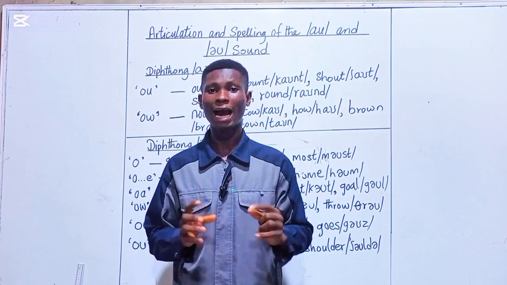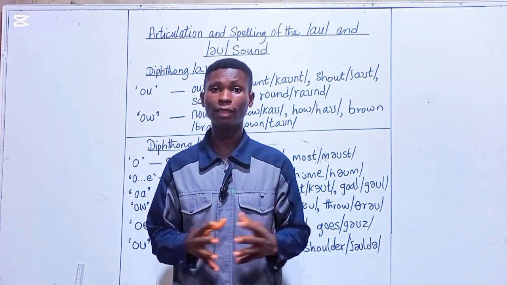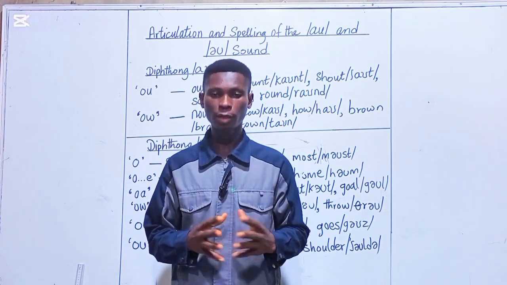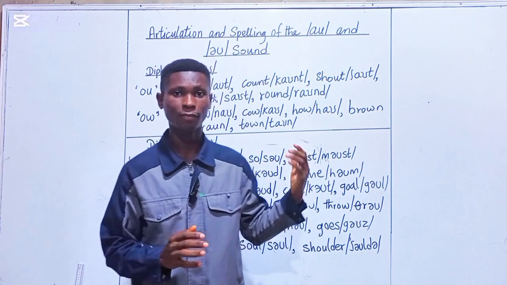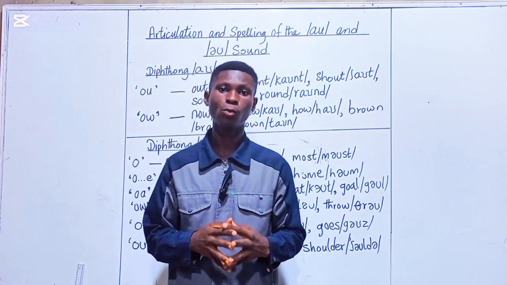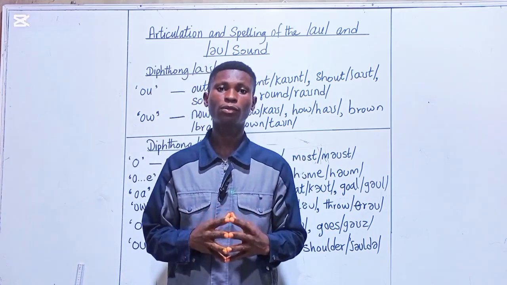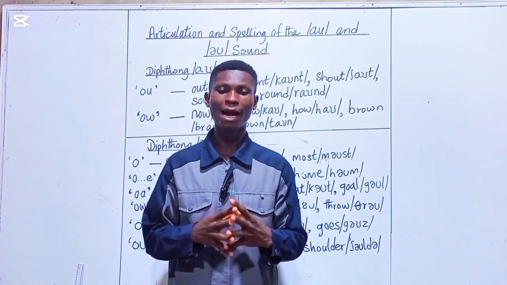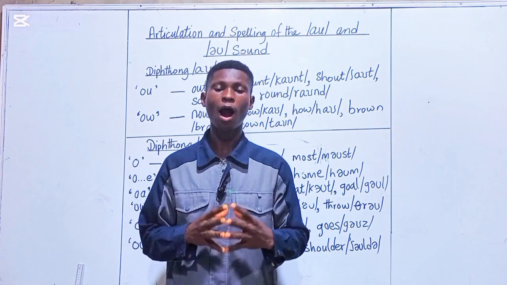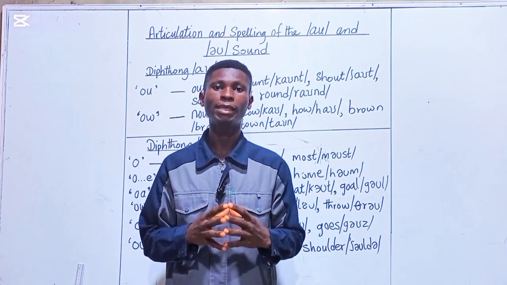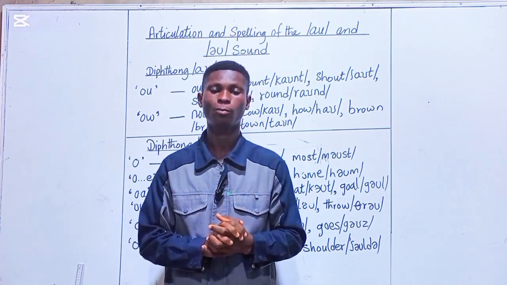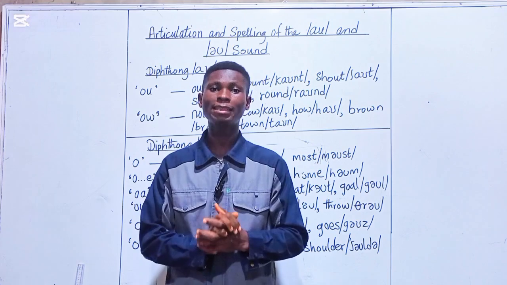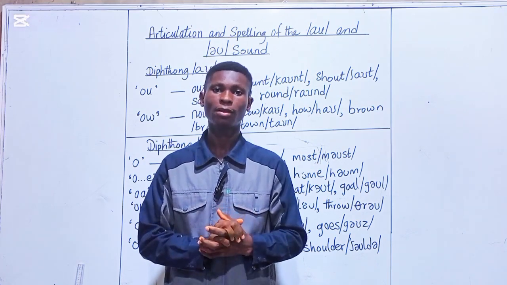That's why we call it high back. That's during the articulation. So when you want to articulate the first sound we have here, which is /aʊ/, the tongue moves from the low back, where you have /ɑ/, to the high back, where you have /u/. So you have /aʊ/. Right. So these are also diphthongs.